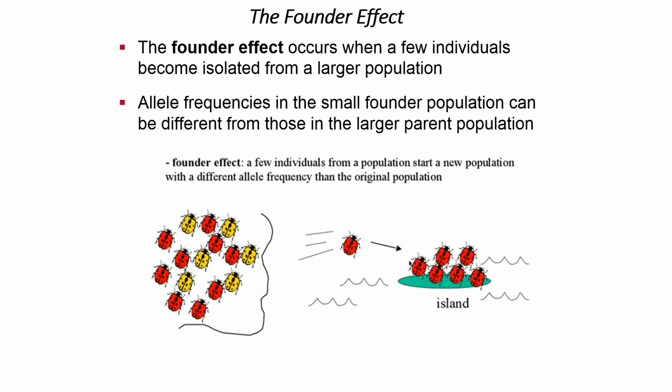One of the special cases involving genetic drift is something called the founder effect. Let's say you have a population of beetles on the mainland.